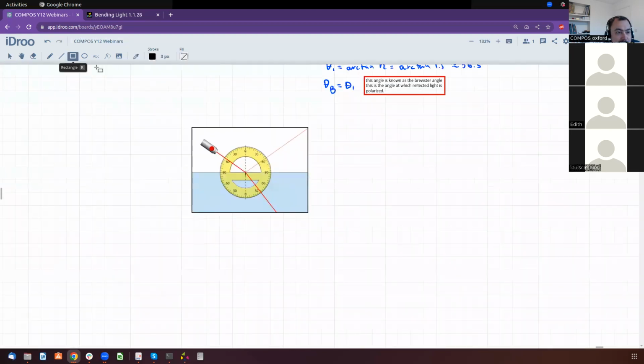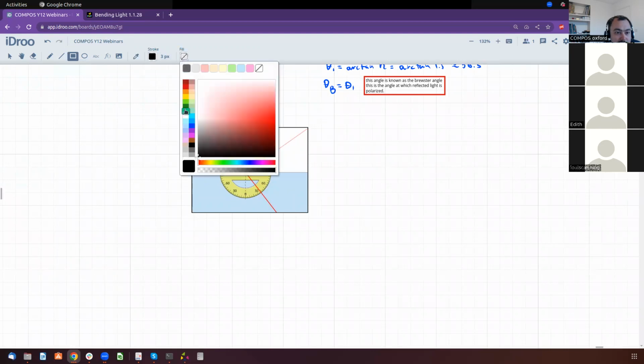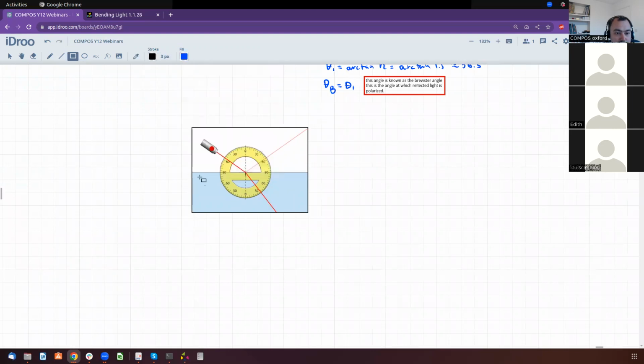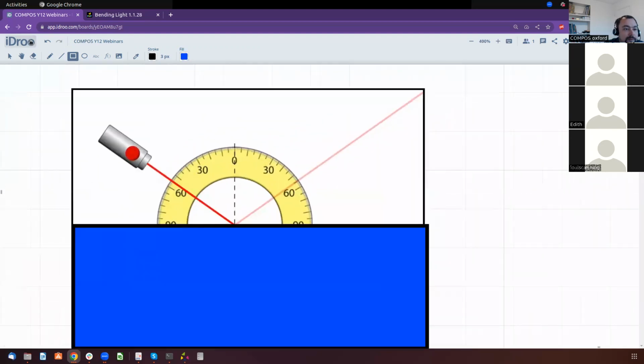So let's say you have a non-transparent material. You measure this angle, theta, and you measure the polarization of the reflected ray. Once it is fully polarized, you can use a polarizer for that.